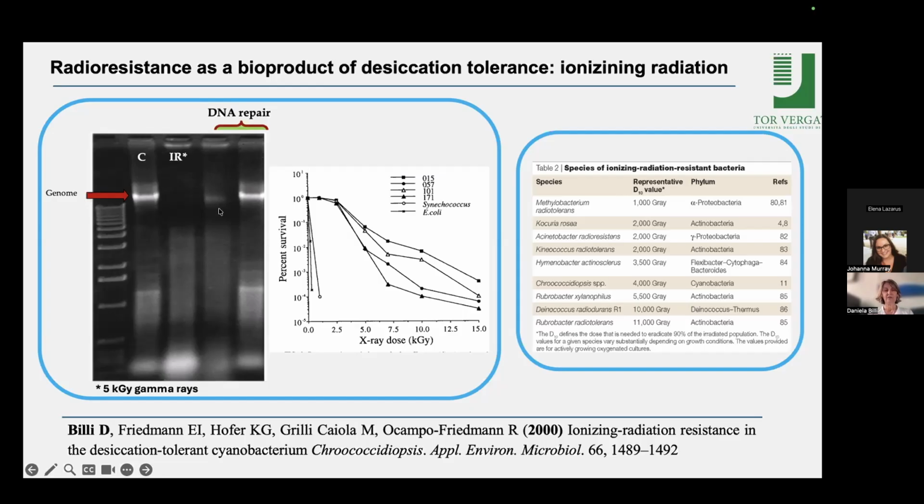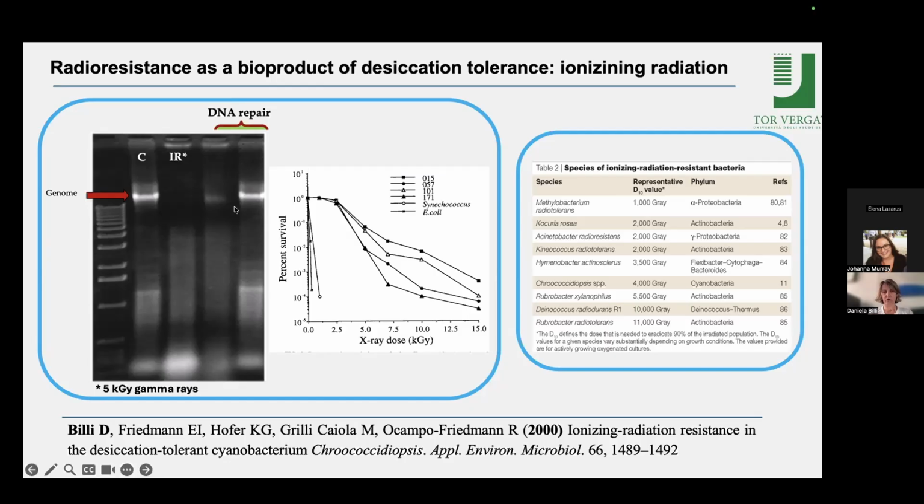Then, if you let the cyanobacteria recover, you see that the genome is built back and all the fragments are repaired. This is possible also because the proteins are not carbonylated.